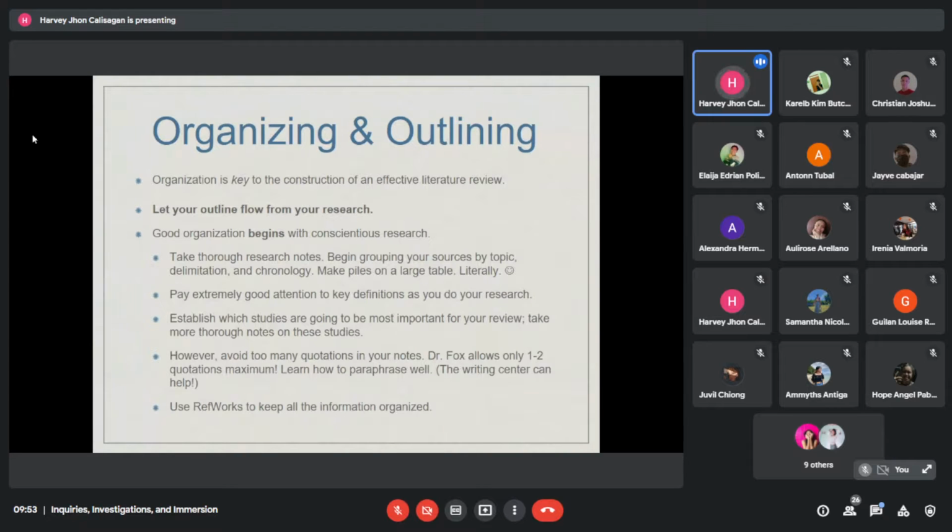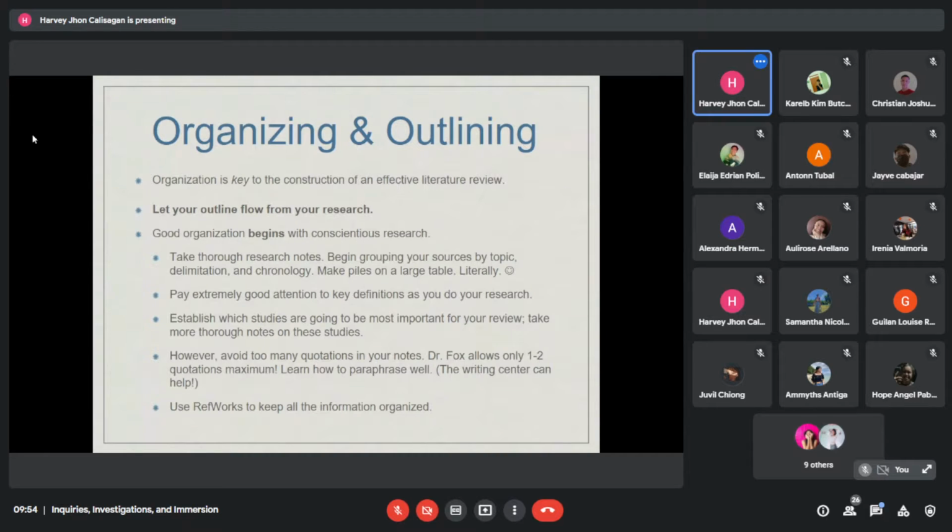I want you to apply projecting the key terms of your research. What are key terms, sir? These are not the definition of terms. These are key terms that you can possibly find in other articles that are aligned to your research.